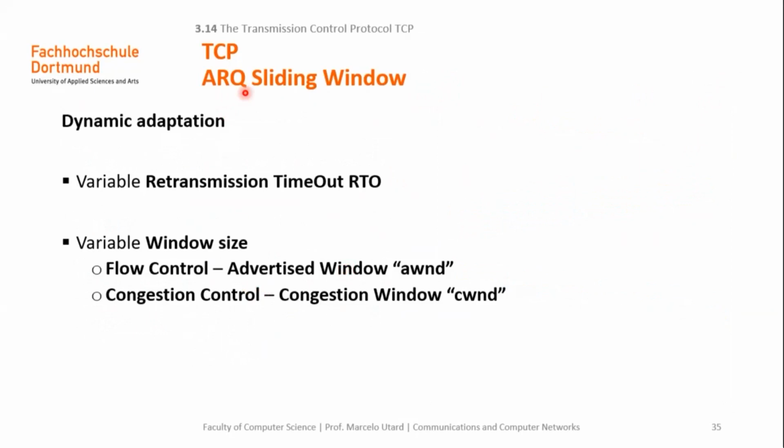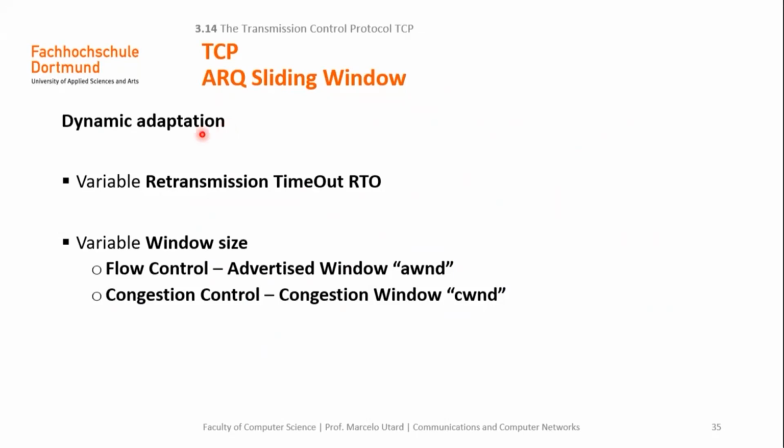Well, in the ARQ sliding window mechanism, if we compare the TCP protocol with other protocols that implement ARQ sliding window, like for instance X.25 or the HDLC LAPB protocol, the TCP protocol implements an ARQ, an automatic repeat on query with sliding window, but this mechanism performs a dynamic adaptation, taking into account the behavior of the network and the behavior of the receiver side of the transmission.